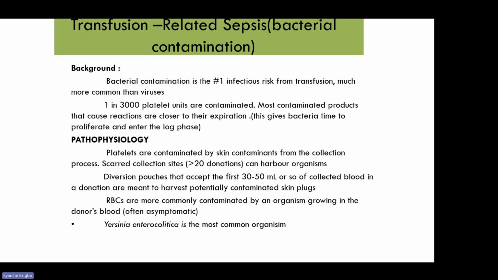Another complication of transfusion reaction is what we call transfusion-related sepsis. That is bacterial contamination of blood products. Bacterial contamination is the number one infectious risk from transfusion, much more common than viruses. 1 in 3,000 platelet units are contaminated.